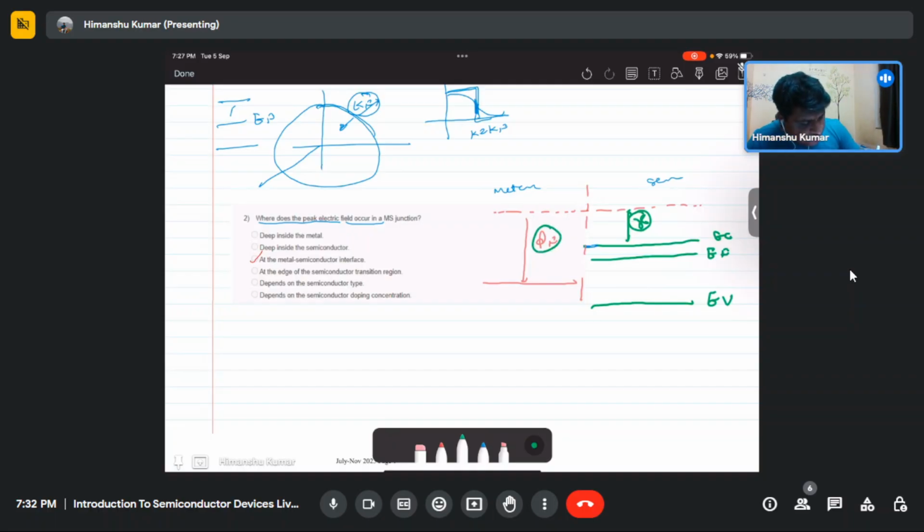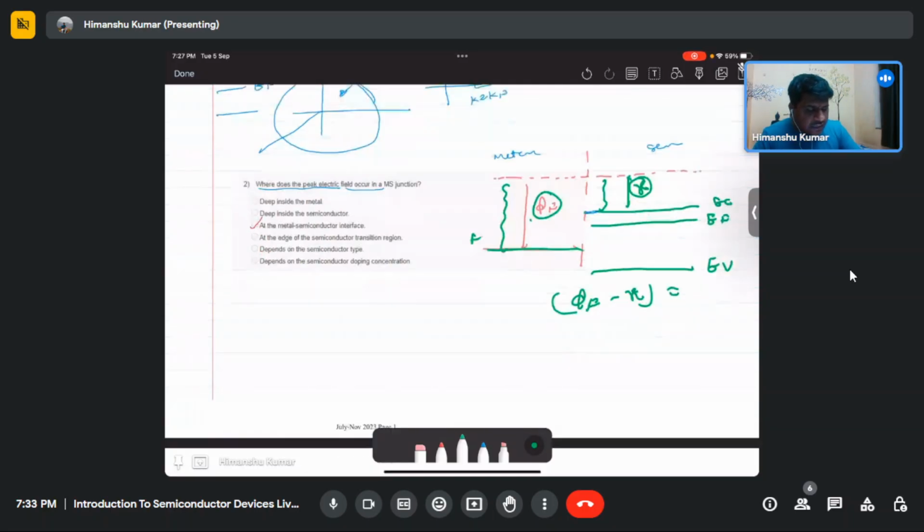This spacing is the Fermi level in the metal side minus the vacuum level, and the difference of these two, phi f minus chi, will always be constant no matter how much your doping is, even under equilibrium or anything. This will remain constant, even without contact and after contact. Whatever change you need to make, you will do in the other parameters.